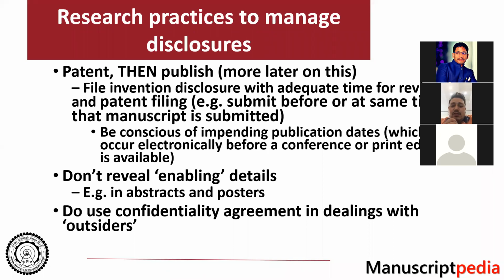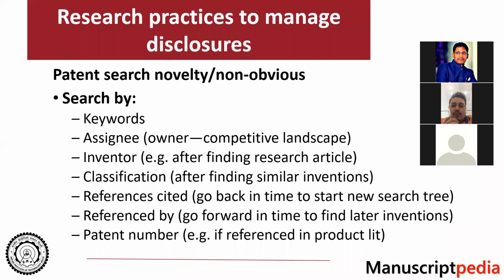So next slides. There is some research practice to manage this disclosure, like how to do a patent search for novel or non-obvious ideas. We should know whether the topic we are selecting is novel.